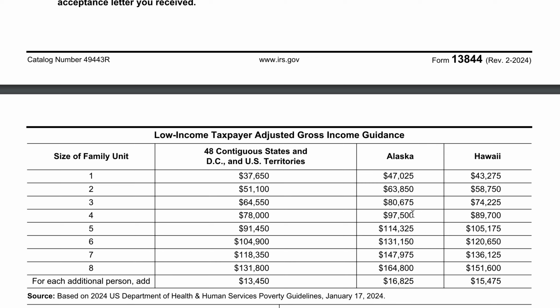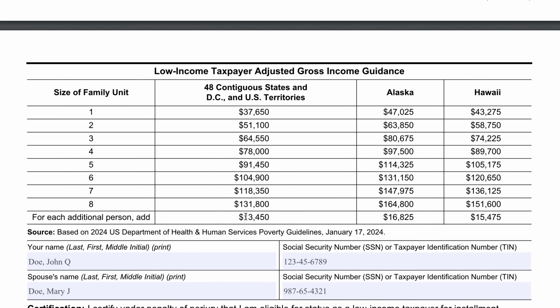So in this case, in Alaska, the AGI threshold is still above the $80,000 income, as well as in Hawaii, but this would not qualify them if they were in the lower 48 states, Washington, D.C., or one of the U.S. territories.